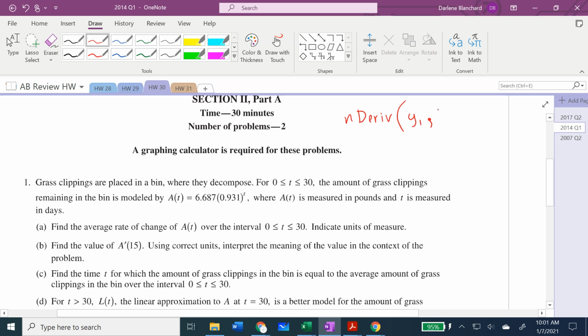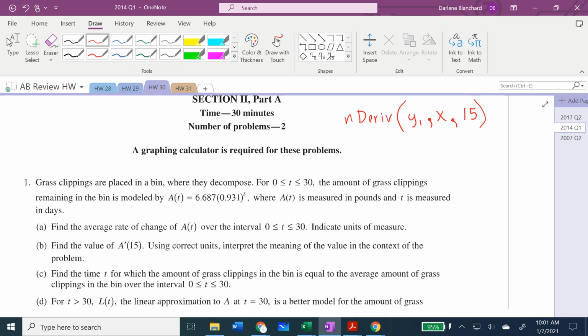Then you're going to tell it the variable you're differentiating with respect to, and then you're going to tell it the number that you want the derivative at, end parentheses. And notice for the newer versions, you are still typing those 3 things in. It's just much more clear where that is. So I'm going to type those in and show you.